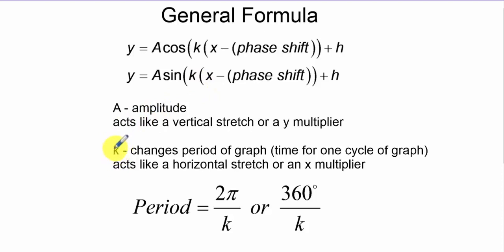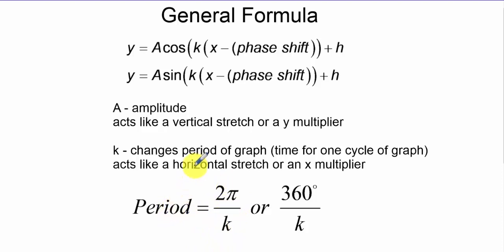K talks about a period change, not the exact period. It turns out that K is a divisor of the actual period for sine and cosine. For sine and cosine, we know our period is 2 pi. Whatever that K value is, if you divide 2 pi by it, you'll get the period of your graph.